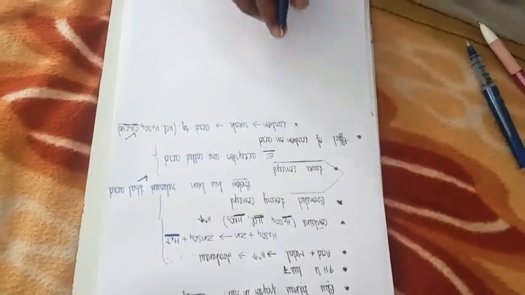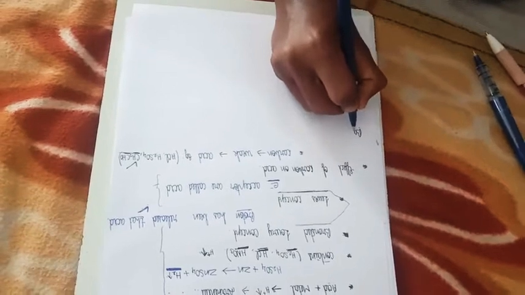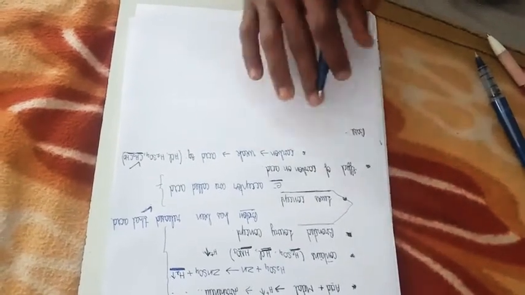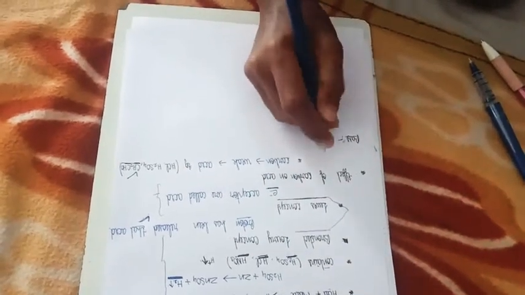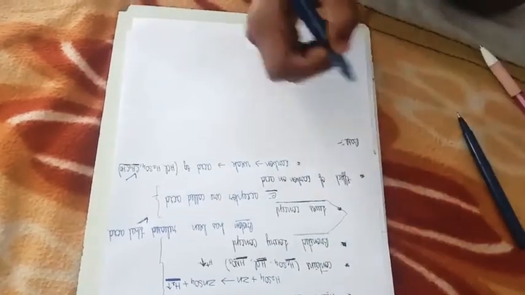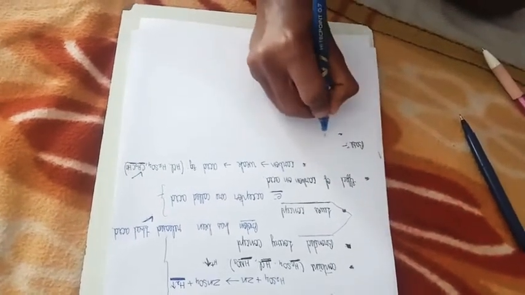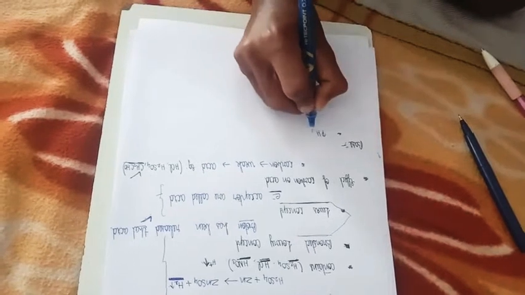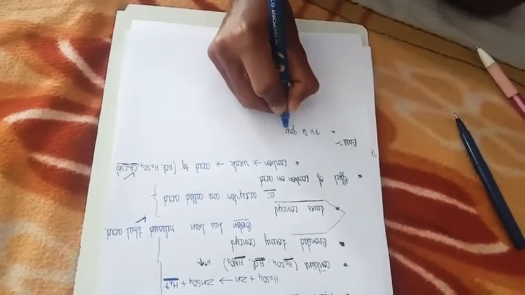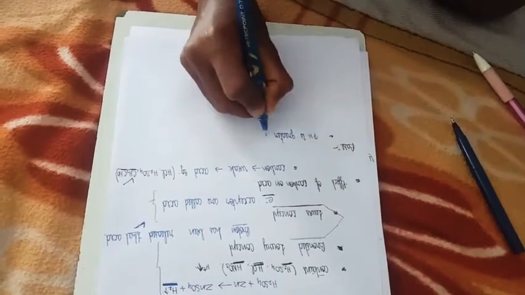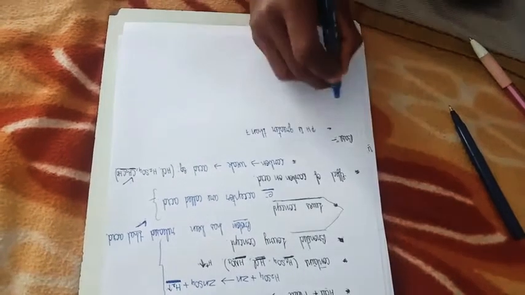Next, the second one is base. If we have understood the acid, then base is also easy. Opposite of acid is called base. For example, its pH is greater than 7.